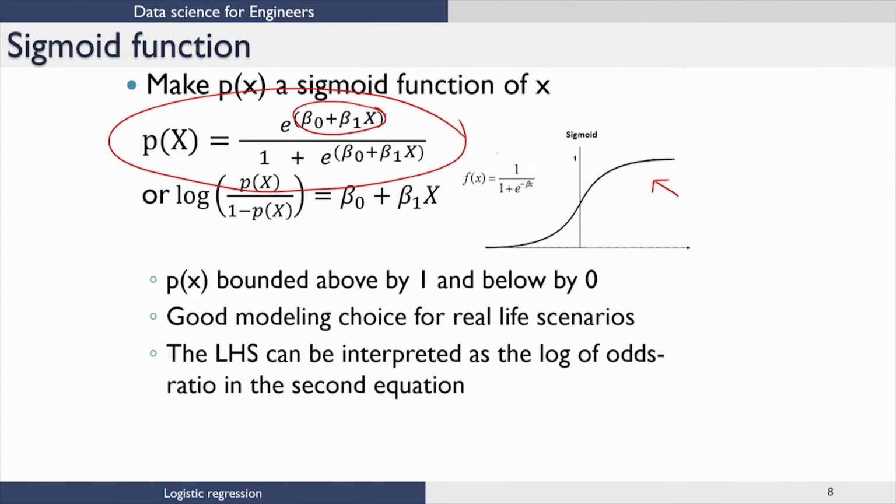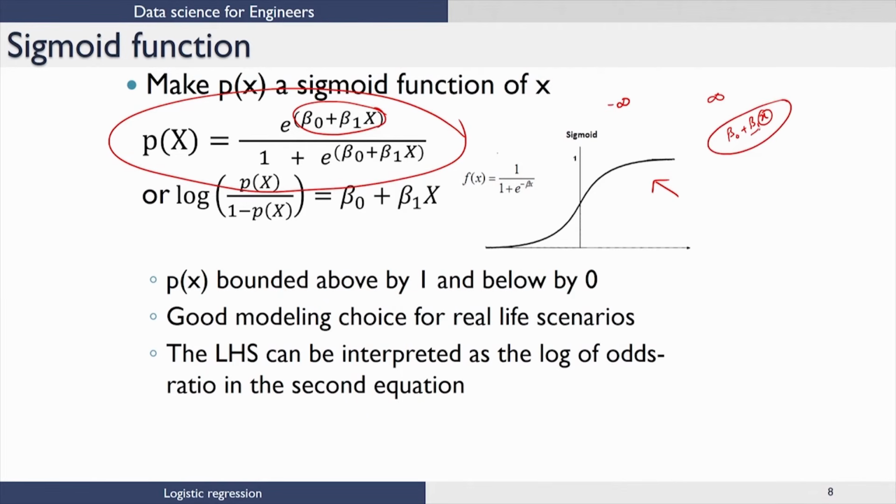So, if you take this argument beta naught plus beta 1 x, depending on the value of x you take, it could go all the way from minus infinity to infinity. Just take a single variable case: beta naught plus beta 1 x, where x is not a vector. If beta 1 is positive and you take x to be a very large value, this number will become very large.